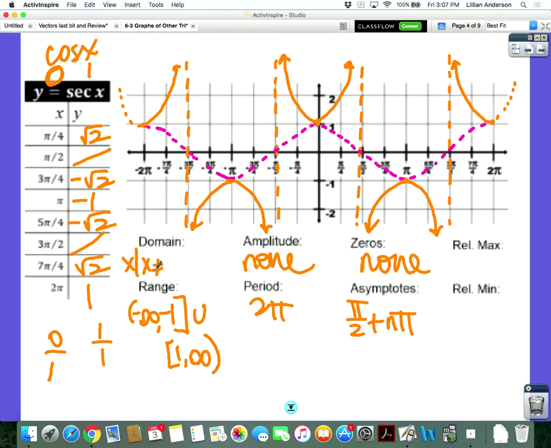No, it's not 2 pi. Think about it, the asymptotes, right? It makes the function undefined there. But it's defined everywhere else, correct? So the domain is everywhere it's defined except where it's not. Pi over 2 plus n pi.